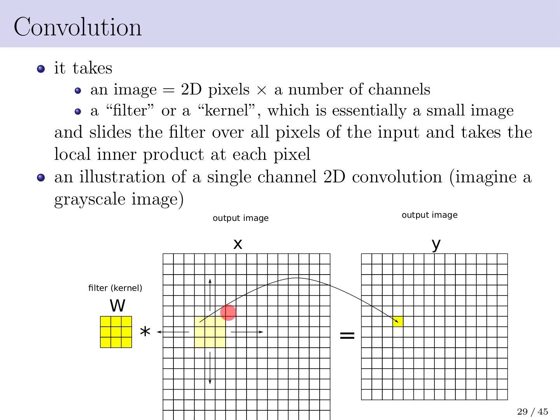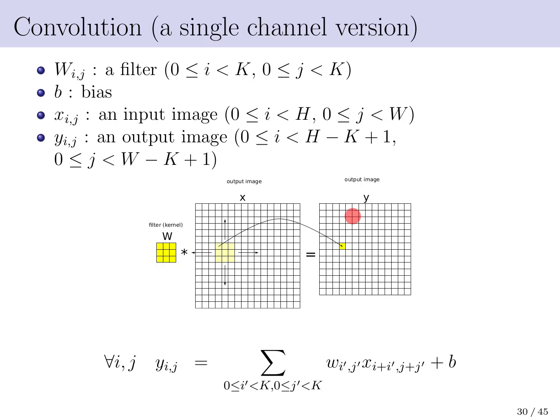So this is the illustration, assuming there's only a single channel. This is what 2D convolution actually looks like. In terms of the mathematical formula, the filter is essentially a k by k 2D array.